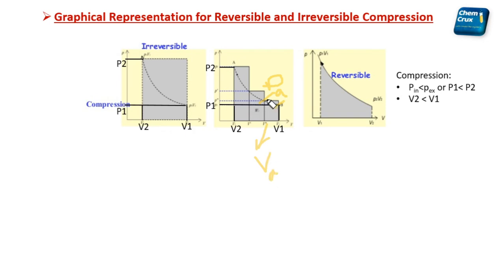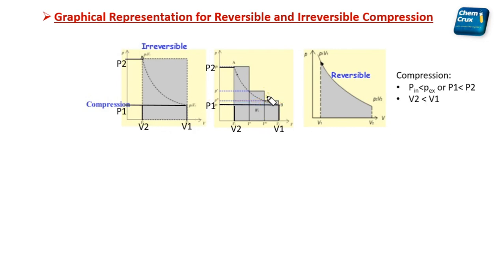So this is the final pressure for the first step, PA. So what will be the net work done? Net work done will be volume change against the final pressure PA. So this shaded portion will be the work done for the first step. Now coming to the second step.